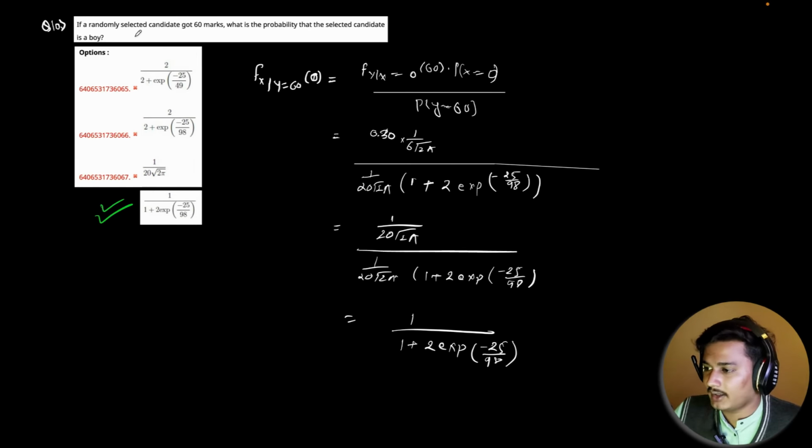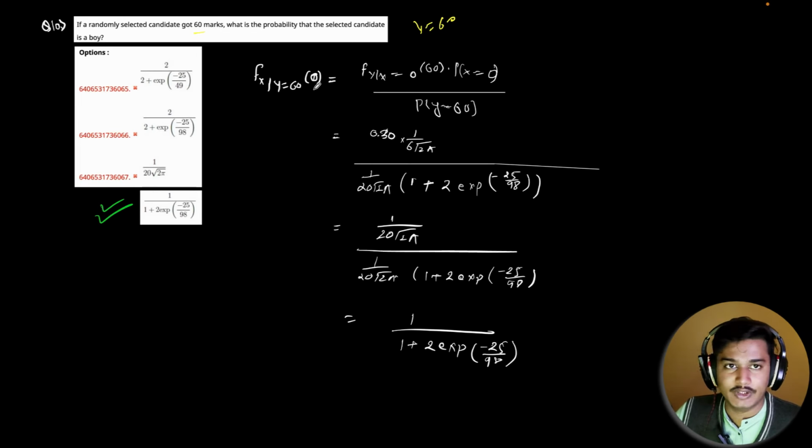So if a randomly selected candidate got 60, so y is basically 60. What is the probability that the selected candidate is a boy? If he got 60 marks, what is the probability that it is a boy? So it is asking about f of x given y equals 60 at 0, right?